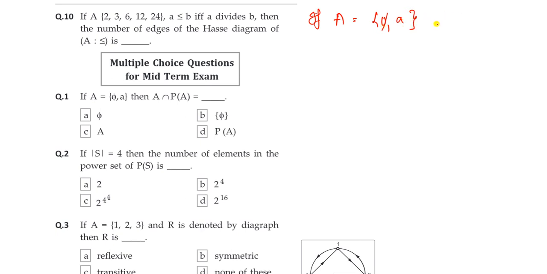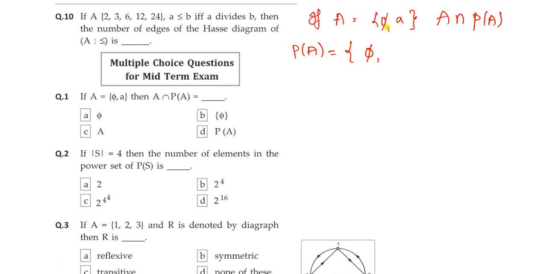Then what we have to do? A intersection P of A. First find out the power set of A, P of A. So you know what this P of A means. Every non-empty set has the empty set as a subset. So pi is an element, and the empty set is a subset of every power set.